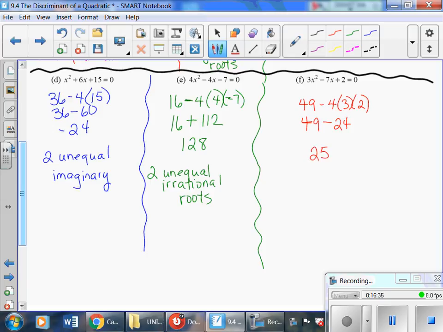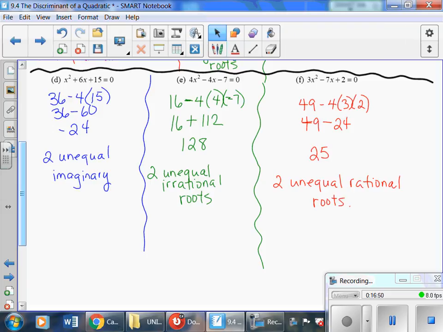All right, so 25 is a perfect square. So here we're going to have two unequal rational roots. So I'm hoping I was able to add to your clarity with that example. All right.